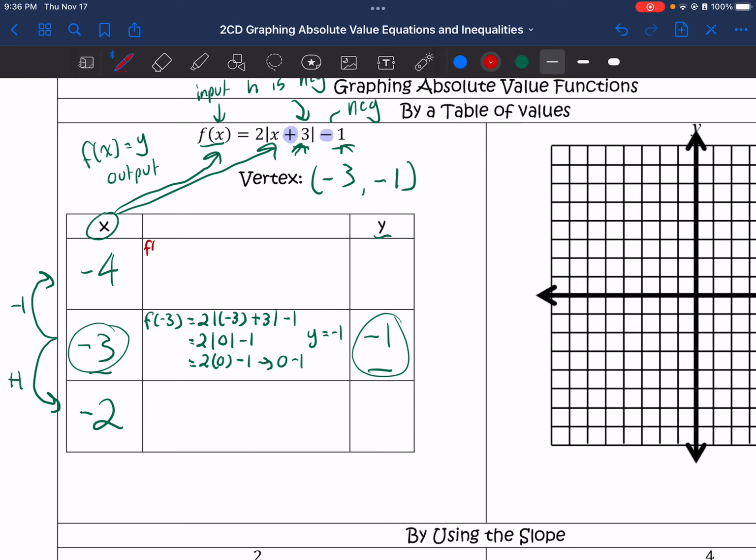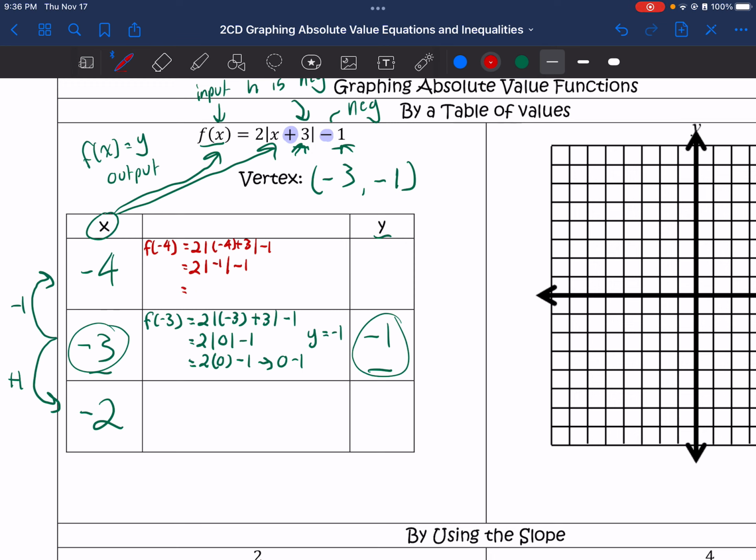We get f of -4 is equal to 2 times, parentheses, -4 plus 3 minus 1. So we get 2 times the absolute value. Well, -4 plus 3 is -1 minus 1. And here's the important thing. We have to take the absolute value of -1 first. We have to do everything inside the grouping first.